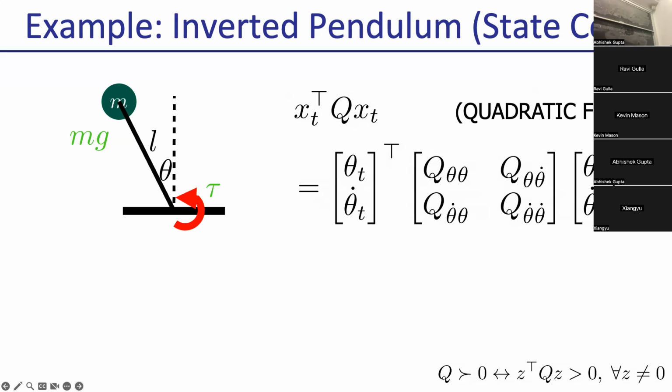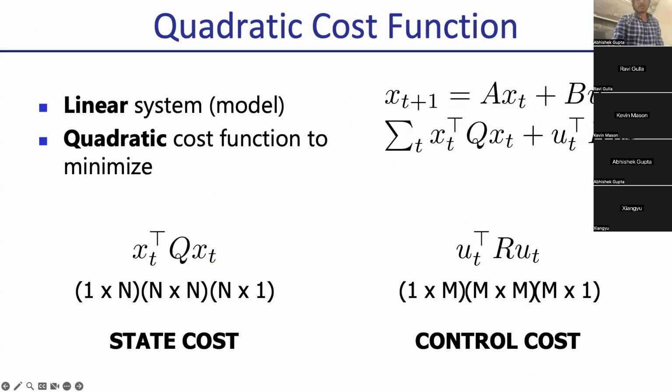There are two other conditions on cost functions that we're going to have. The first is a property called positive semi-definite, right? PSD. How many of you know what that means? Okay, what a PSD matrix is saying is that it's basically the matrix version of positive.